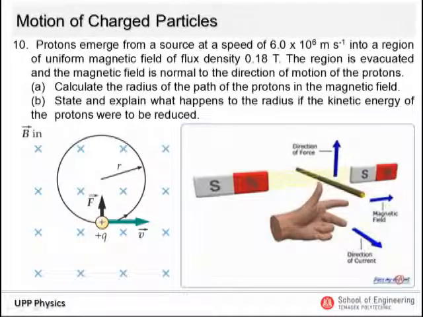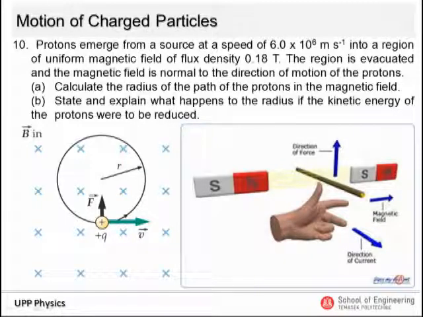Take note that when a charged particle moves within the magnetic field, a magnetic force is generated and acts upon the charged particle. However, if the charged particle moves in a direction parallel to the magnetic field, there will be no magnetic force acting on it.